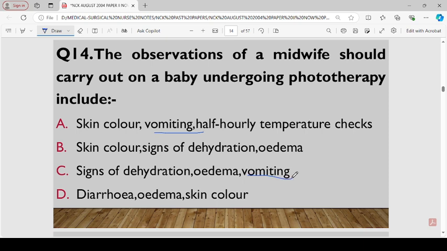That makes these two options wrong, right? So we have diarrhea, edema, skin color. Skin color, yes. We are also going to look at signs of dehydration and edema. Diarrhea, really, is not an expected sign. Now, because of the light and the slight heat, some may have some color changes. The baby might appear dehydrated, and some parts edematous, right? Not the other way.